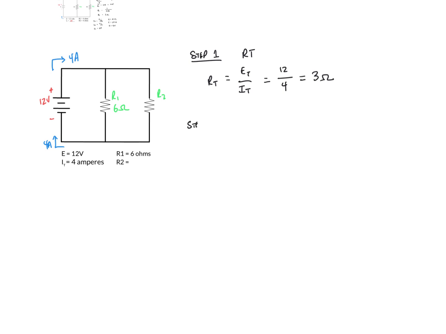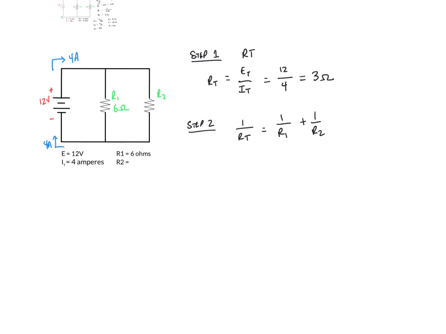Step 2 will require that we apply the parallel resistance formula, which, as you might recall, is 1 over RT, which is equal to 1 over R1 plus 1 over R2.